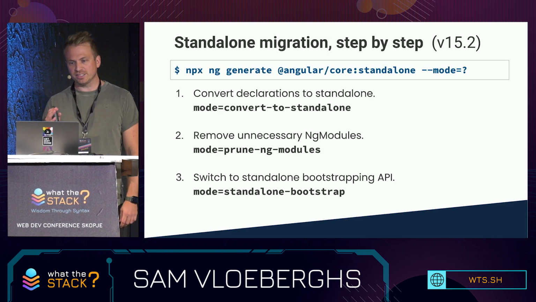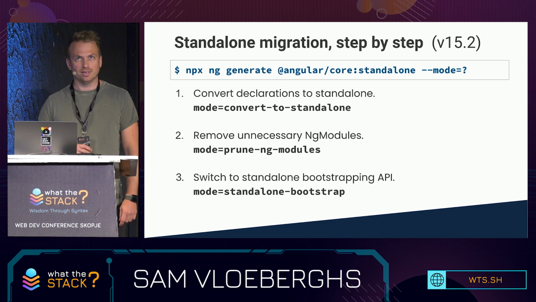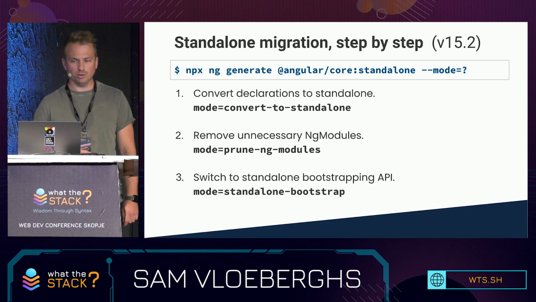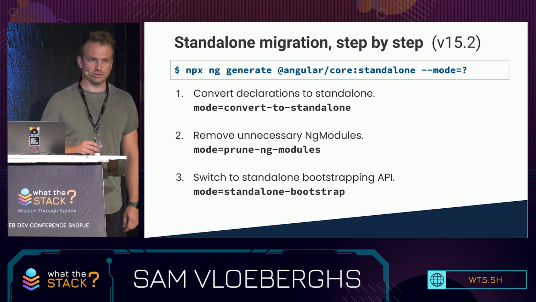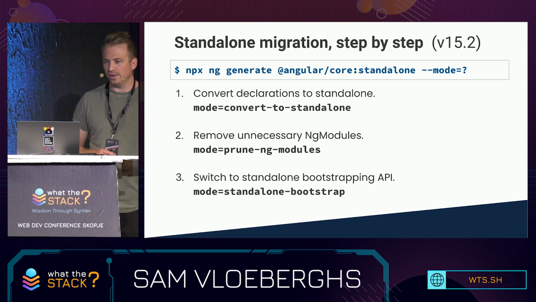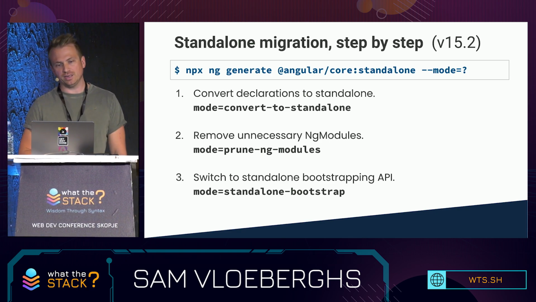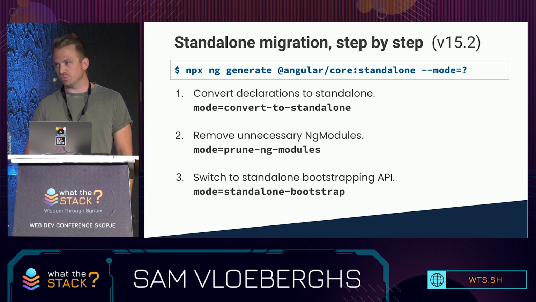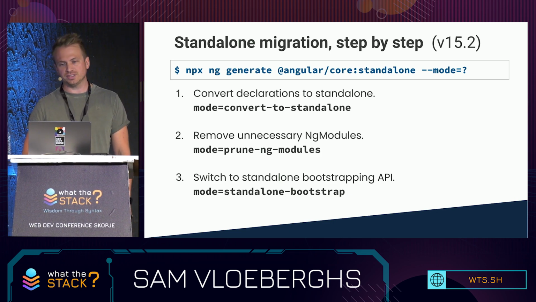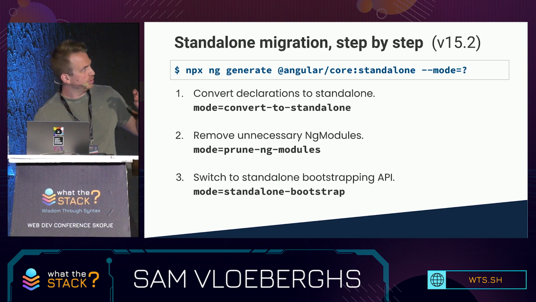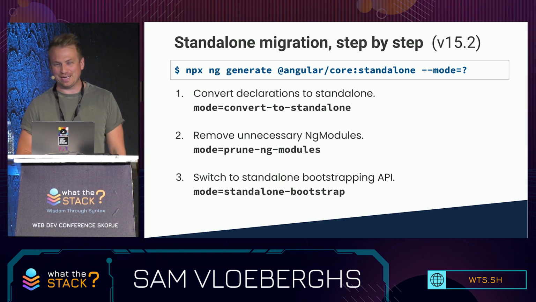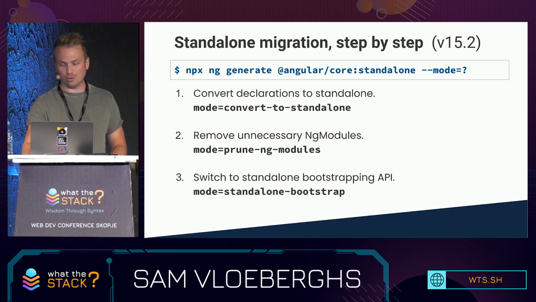Therefore it came as a 3-step migration with 3 modes where we first converted all our components to standalone, including also directives and pipes. After that we had to remove any unnecessary ng modules. And finally, it gave us the possibility to switch to the standalone bootstrapping API to make the entire application standalone.